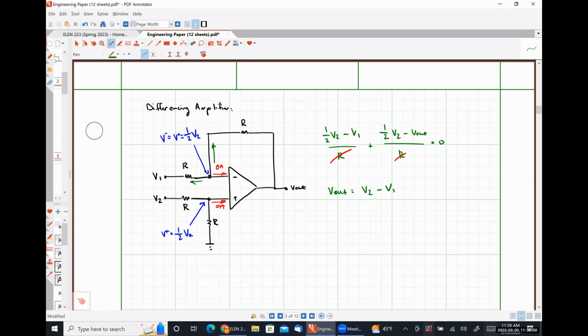With V2 on and V1 off, we get 1/2 V2 here, which means we have 1/2 V2 here, and a non-inverting amplifier, which would have a gain of 1 plus R over R, or 1 plus 1 is 2. 2 times 1/2 of V2 gives us positive V2. So anyway.